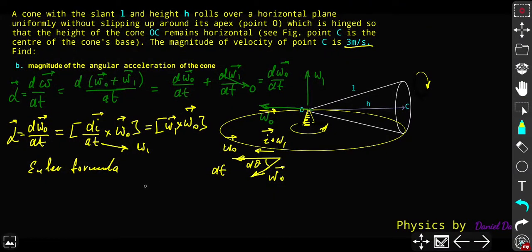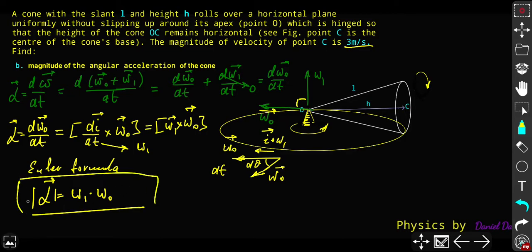So the angular acceleration, its magnitude, becomes omega 1, omega 0, and sine of the angle. But they are perpendicular, so sine of the angle becomes 1. And that's the final solution for part B.